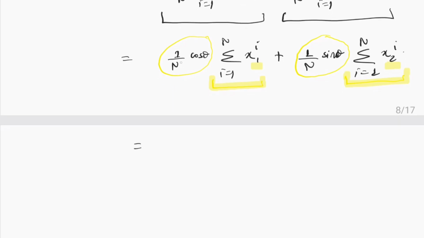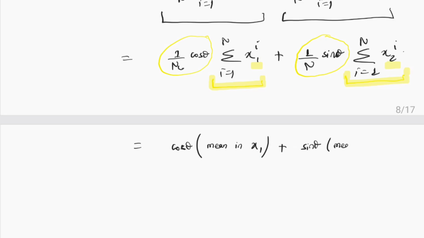So if we take this n and all the summation, then this is nothing but the mean of the original data in that direction. So we will write this one as mean in x1 direction plus mean in x2 direction.